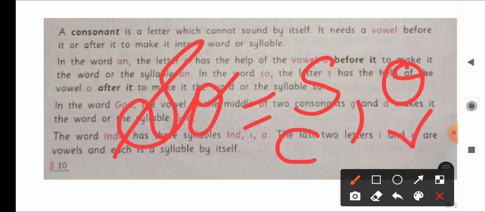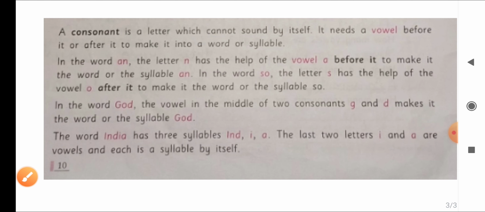Okay, here we placed our vowel after the consonant, isn't it? This is a consonant, this is a vowel. So we placed the vowel after the consonant. Understood? To make a complete word, or we can say a syllable. Let us move further.